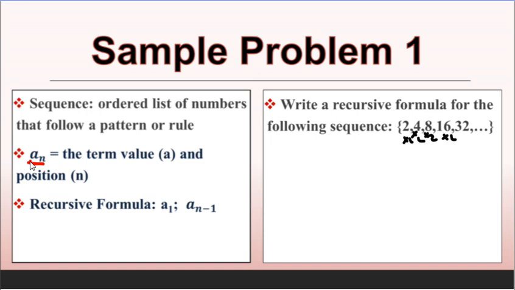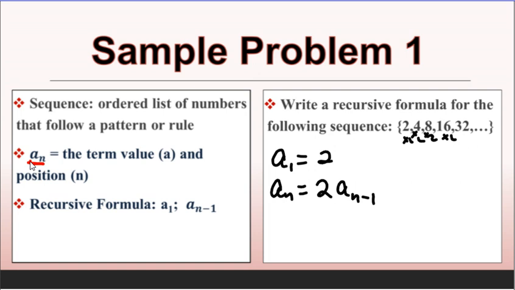So to write the recursive formula for this one, the first term is 2, and then for the remaining part, everything is multiplied by 2, so it's 2 times a subscript n minus 1. Whatever term we're trying to find, we put in for n, and then we multiply that number by 2.